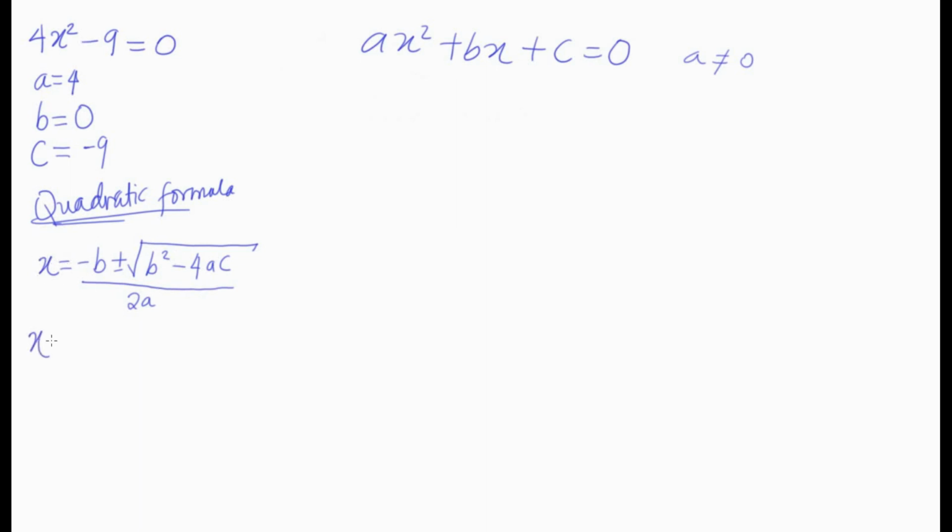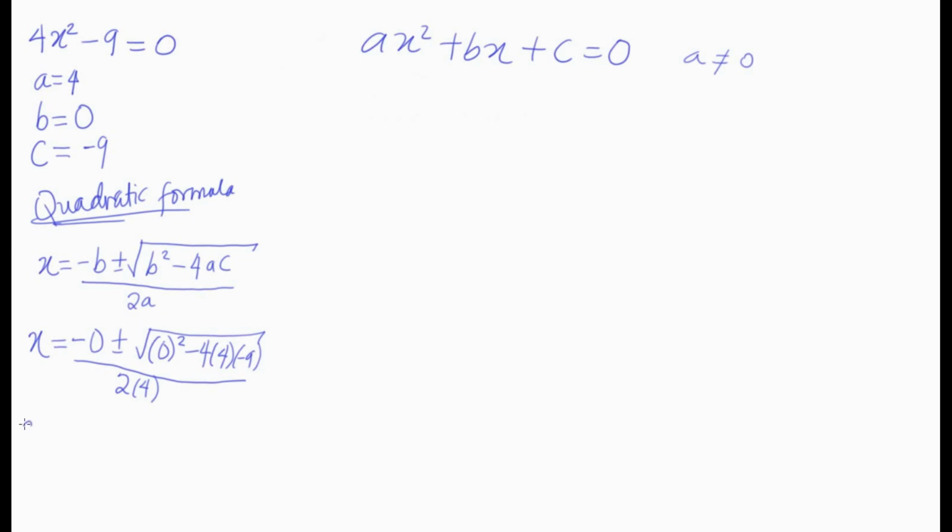So x equals -0 plus or minus the square root of 0 squared minus 4 times 4 times -9, and then over 2 times 4. So now we've substituted the values of a, b, and c into the quadratic formula.